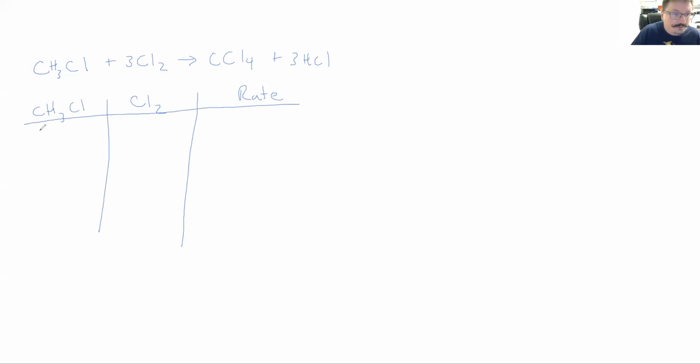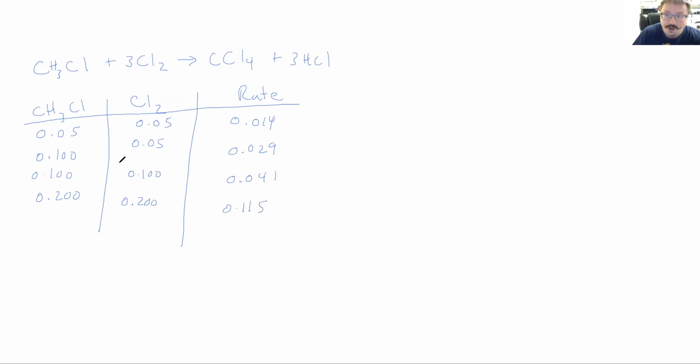So we have 4 reaction vessels, with 4 different setups for differing concentrations of those 2 reactants, and we're able to monitor that initial rate and see how changing the concentration of these reactants affects that rate.